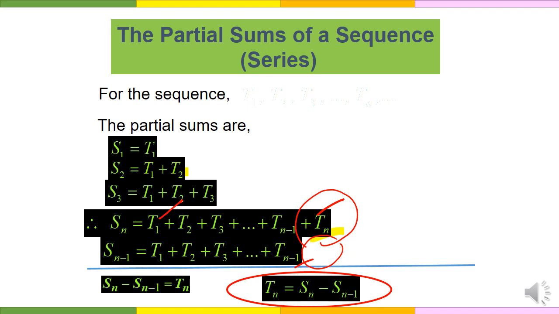So we can use this formula to find the nth term. If we don't have the formula for the nth term, we can use the formula of partial sums. The nth term can be found by subtracting the sum of the first n minus 1 terms from the sum of the first n terms.